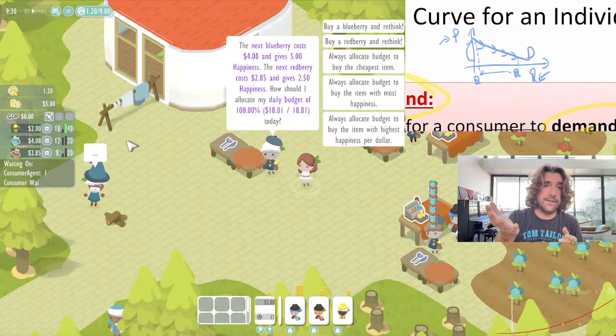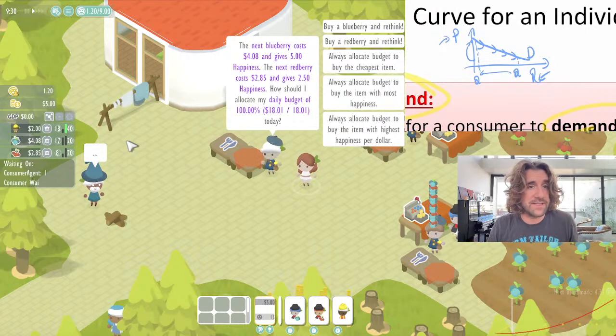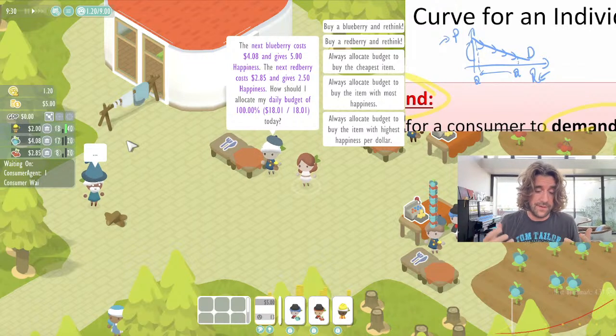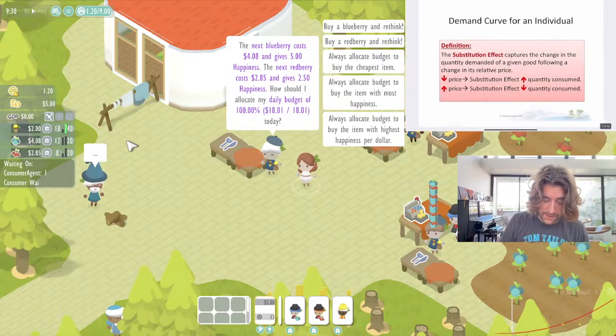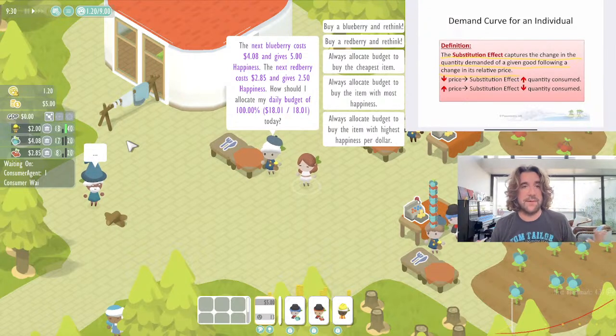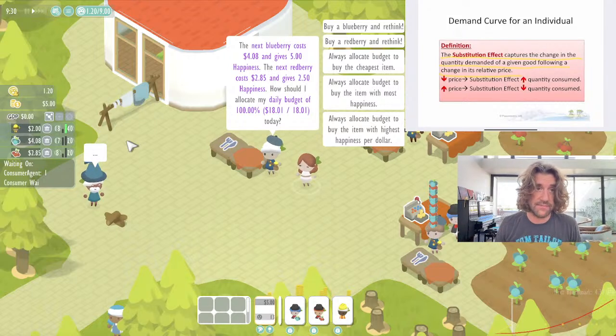As the price of blueberries goes up, blueberries are relatively more expensive than red berries, so the cost-benefit analysis suggests that we should consume fewer blueberries. The demand curve is downward sloping. This is the concept of substitution effect. It captures the change in quantity demanded of, say, blueberries, given a change in price of a substitute, like in this case, the only substitute is red berries.